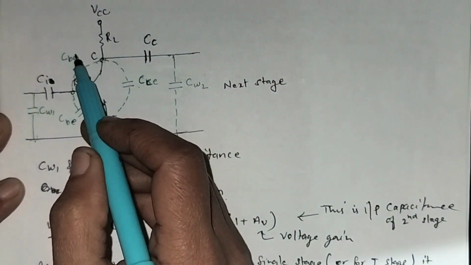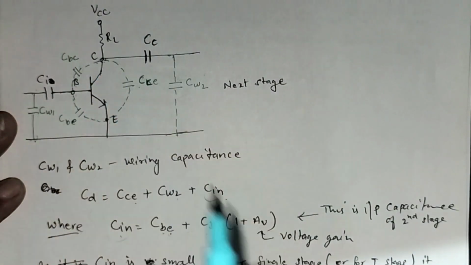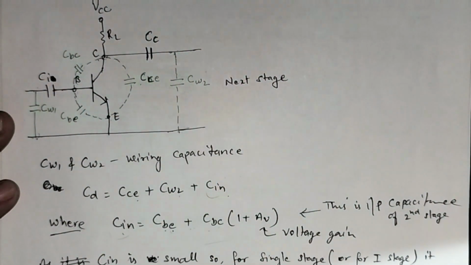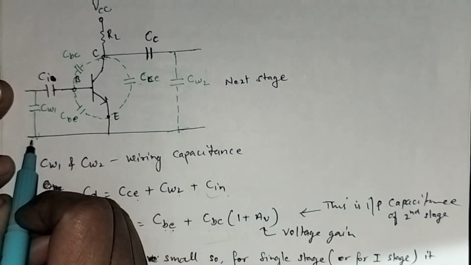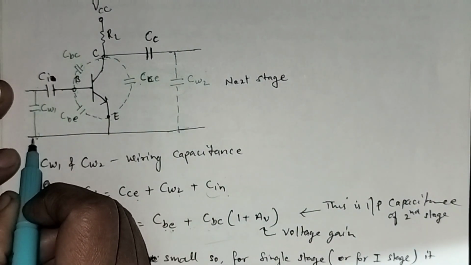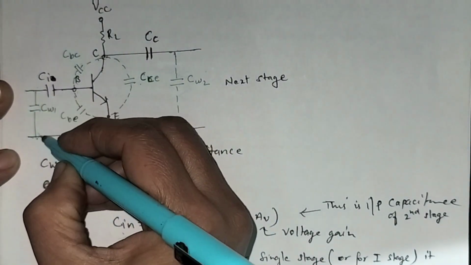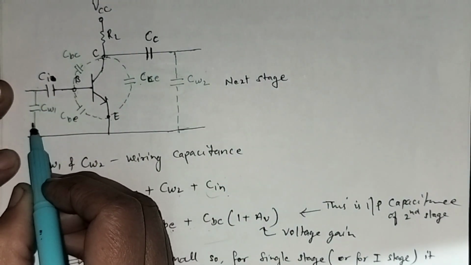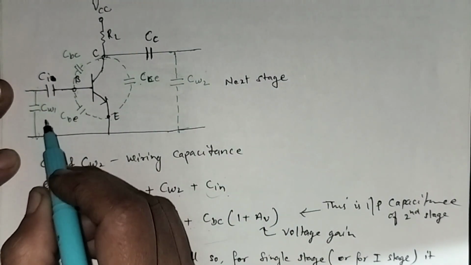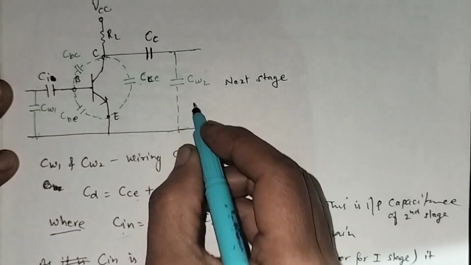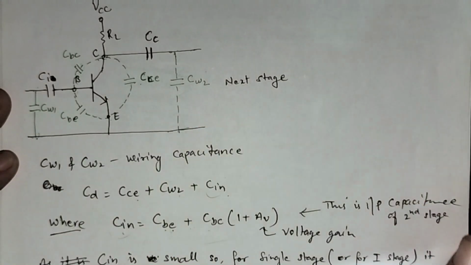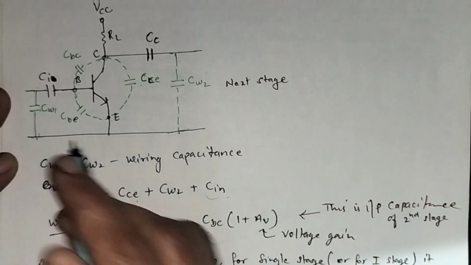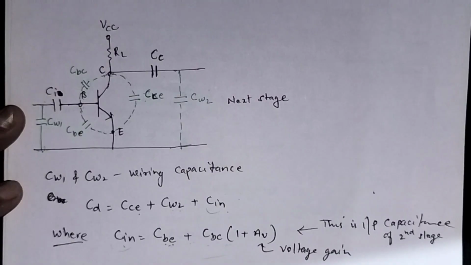So this capacitor should be considered. Also there is wiring capacitance, as these two wires are at different potential and the distance between these wires works as a dielectric, so it gives rise to wiring capacitance at the input and the output side, and this wiring capacitance affects the frequency response curve, so it should be considered.